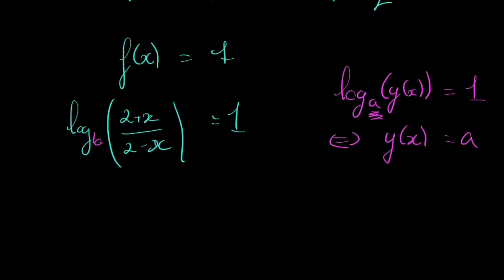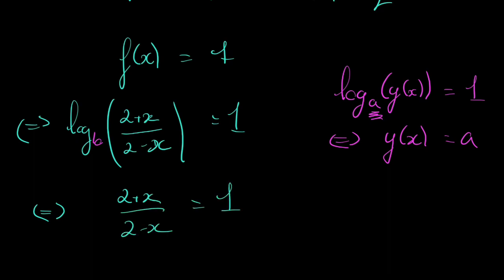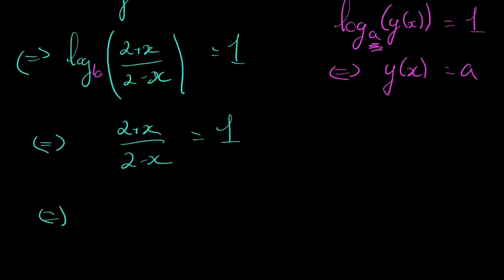In base 10. And so this equation is equivalent to (2 plus x) over (2 minus x) being equal to 10. And now, because 2 minus x is not equal to 0, we can multiply on both sides by 2 minus x. We've got 2 plus x is equal to 10 times (2 minus x).